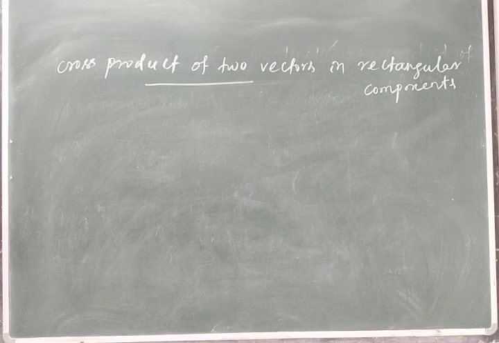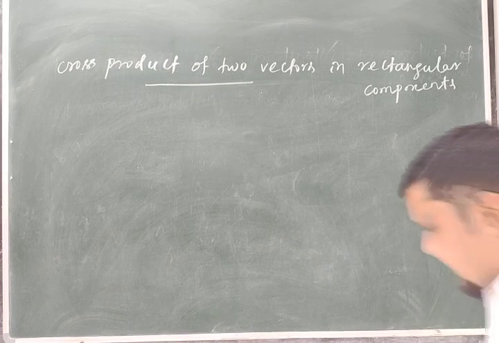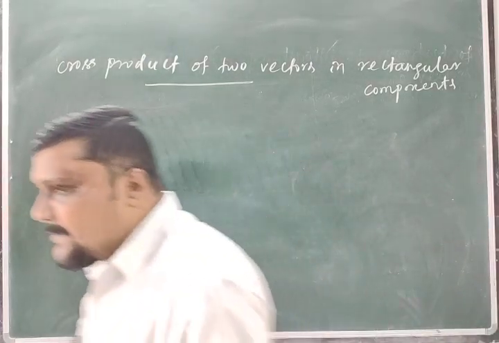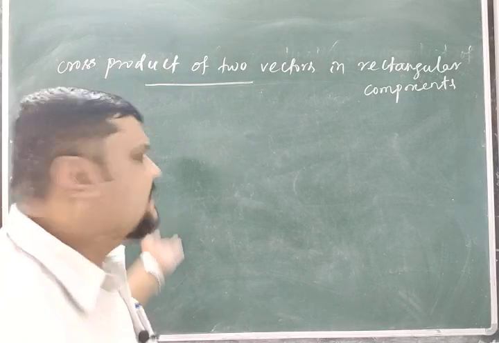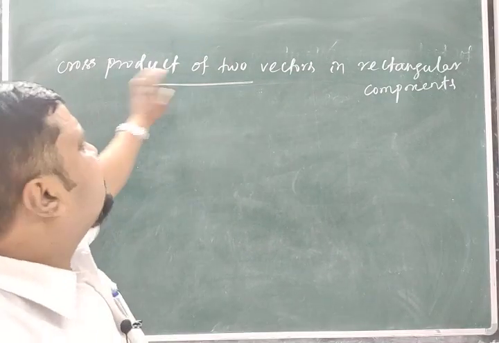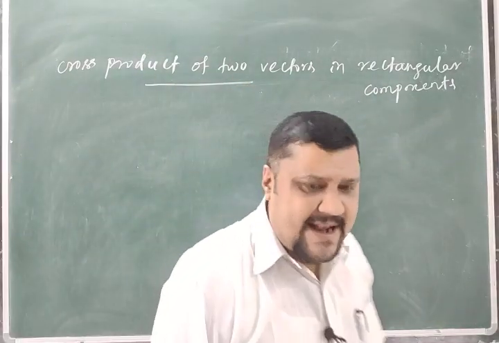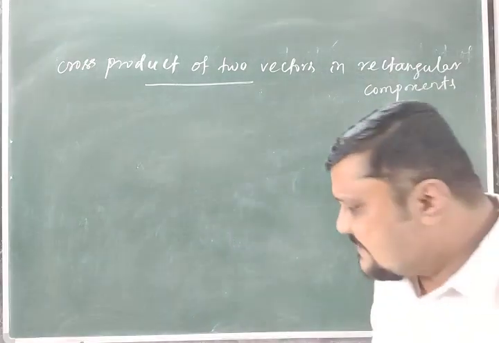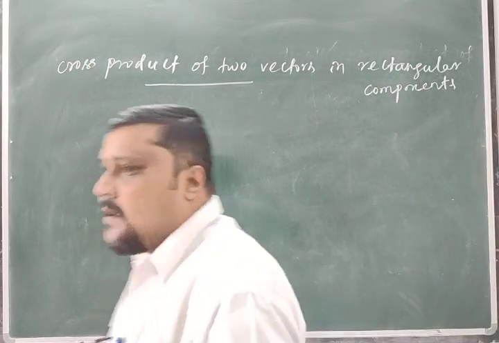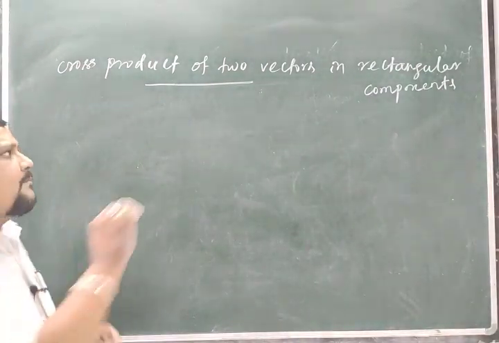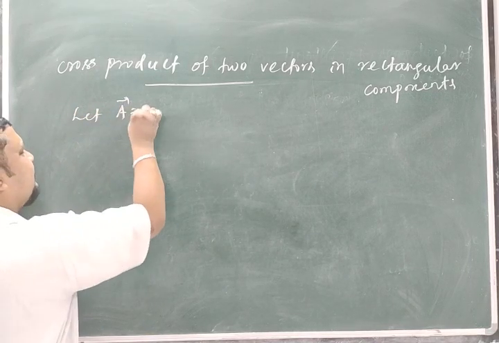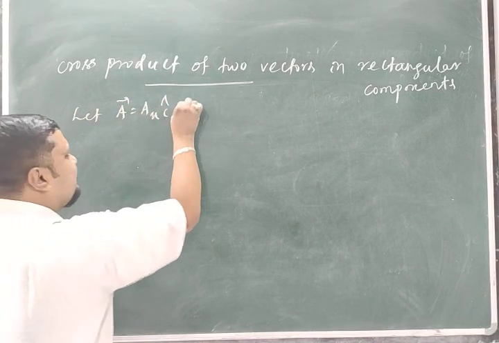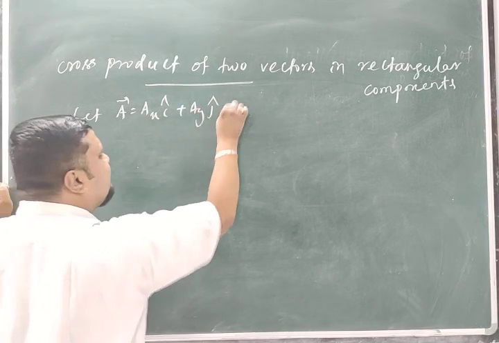Okay, students, now come to the last property. I think it is the fifth or something, so you can put a number. Cross product of two vectors in rectangular components means the vectors are given in rectangular component form. So let A be ax I cap plus ay j cap plus az k cap.